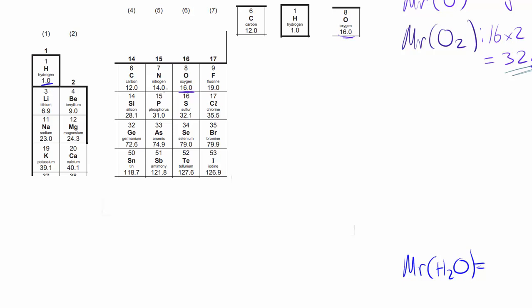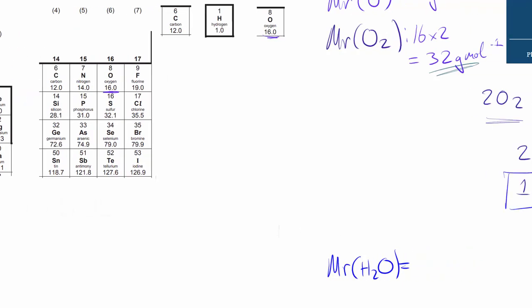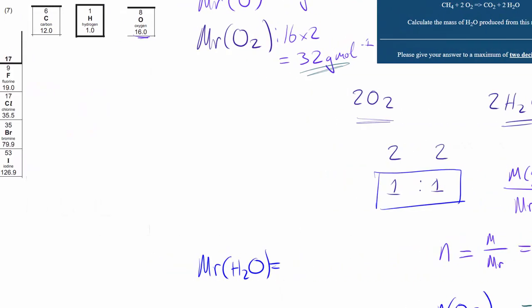So we've got 1 and then 16. We know the MR as we have it above anyway, but I'm just going to write this again. The MR of oxygen equals 16.